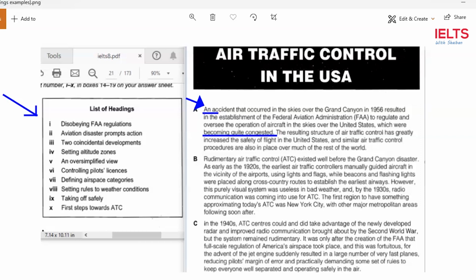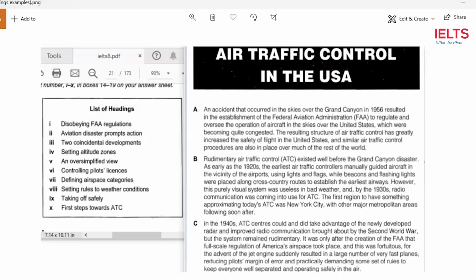So if I say disobeying FAA regulations, here we have no relationship between number 1 and the paragraph in A. An accident that occurred in the skies over the Grand Canyon in 1956 resulted in the establishment of the Federal Aviation Administration, FAA, to regulate and oversee the operation of aircraft in the skies over the United States, which were becoming quite congested.